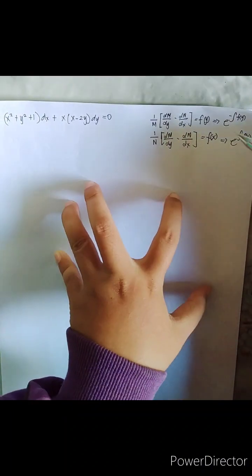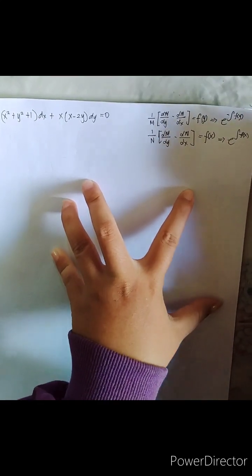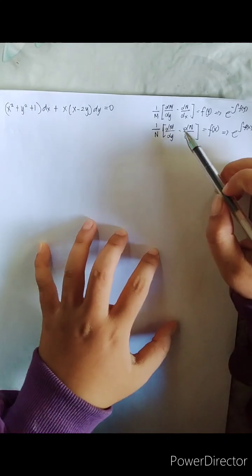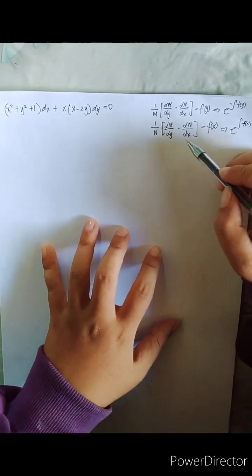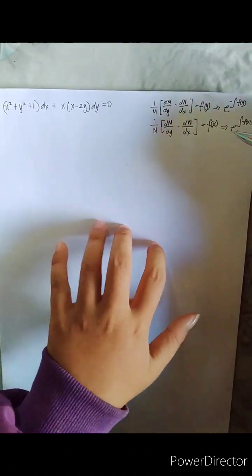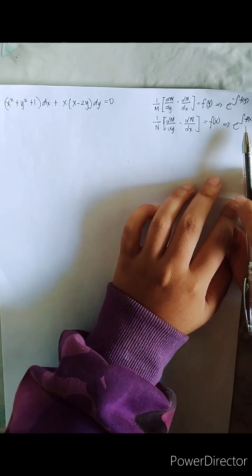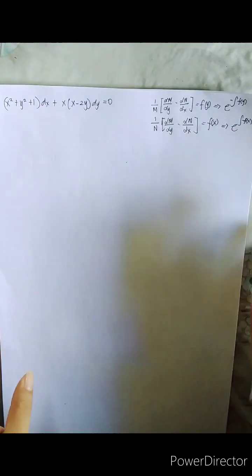Then our integrating factor will be e raised to negative integration of f of y. 1 over N multiplied to partial derivative of M over dy minus partial derivative of N over dx is equal to f of x. Then our integrating factor will be e raised to integration of f of x.